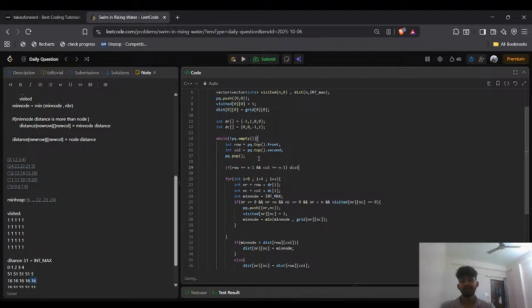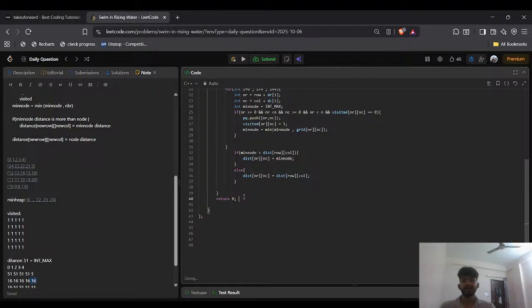We can simply return, we need to write the return keyword, distance of n minus 1, n minus 1, and our code will never reach here.